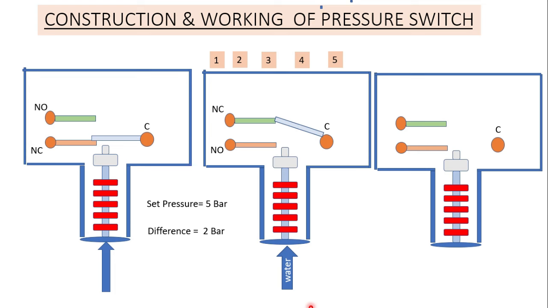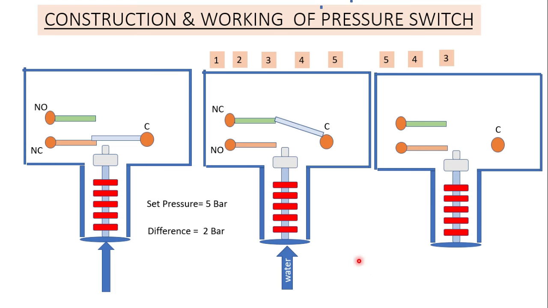So this is when the pressure is building up, meaning the pressure is increasing. Now when the pressure drops, let's say 5, then 4, then 3, meaning we are draining the water from here.